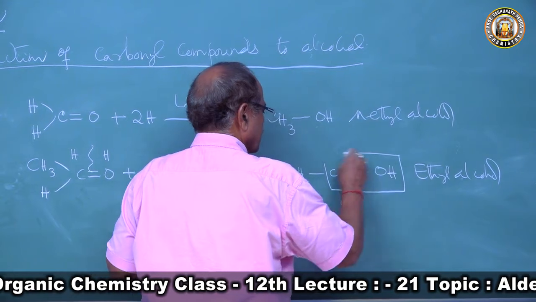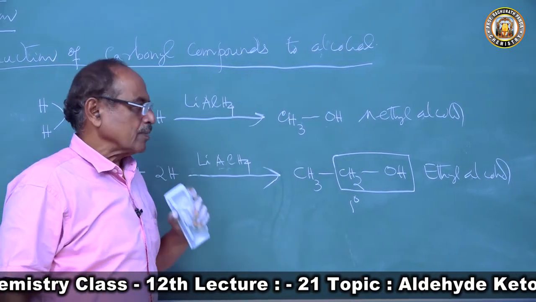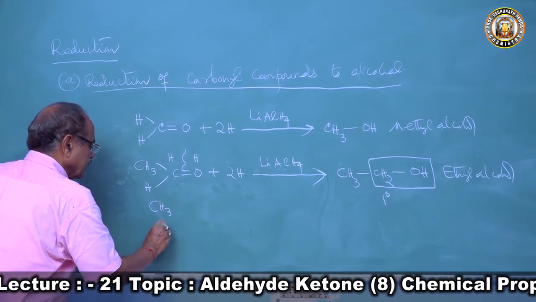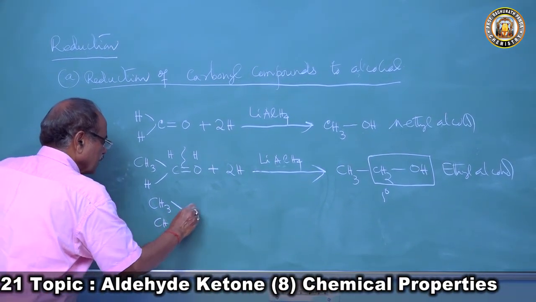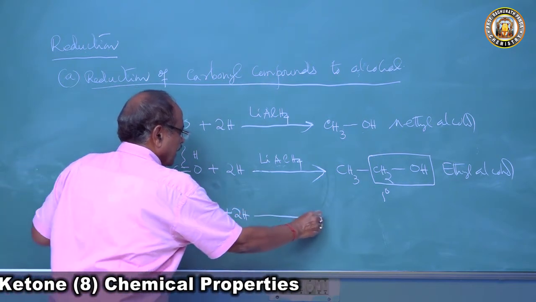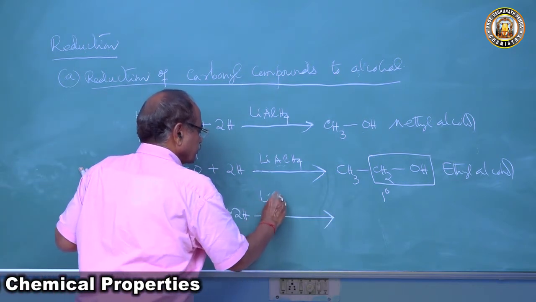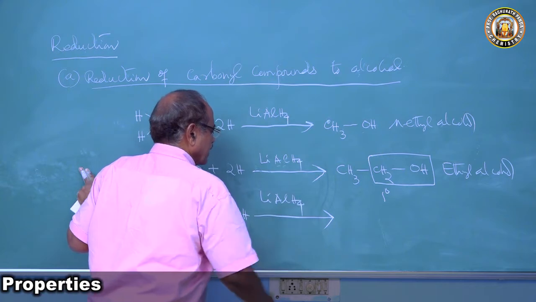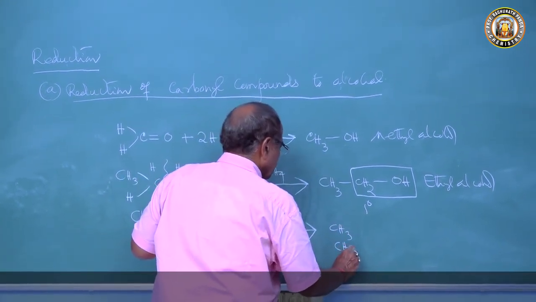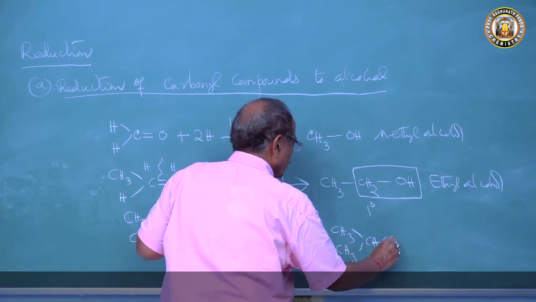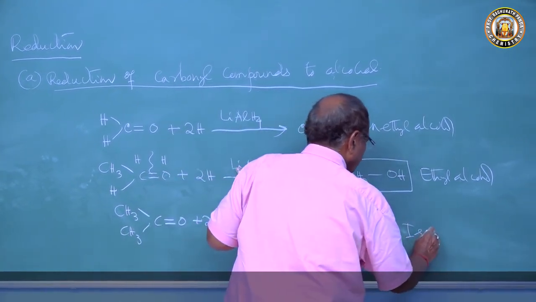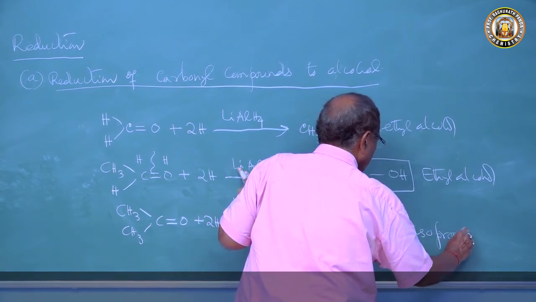This CH2OH group is a primary alcoholic group. Then comes acetone, CH3COCH3, with 2H and lithium aluminium hydride. This produces CH3CHOHCH3, which is called isopropyl alcohol, a secondary alcohol.